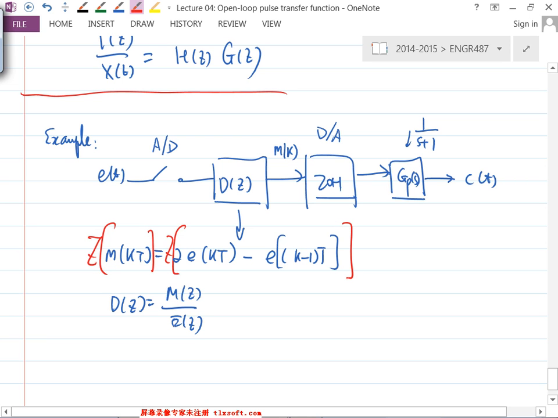The Z transform of this side is M of Z. The Z transform here, this is what you get: 2 E of Z minus Z to the power of -1 times E of Z. So you'll get a ratio between M of Z and E of Z, and in this case you get 2Z minus 1 over Z. That's D of Z.